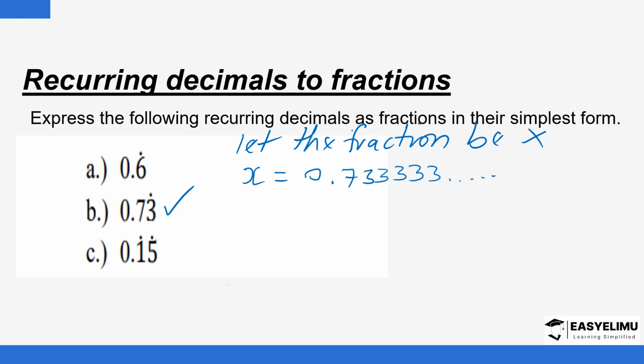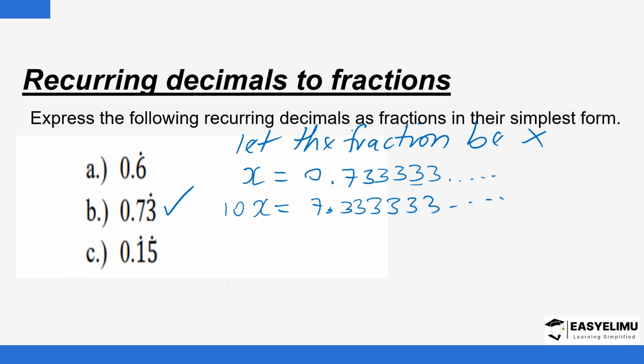So you multiply by 10 continuously until you have a pattern after the decimal point that is the same in at least 2 cases. The first case is the one we have here. The second case is when we multiply by 10. 10x on this side, and the other side multiplied by 10 will be 7.3333, with 6 digits after the decimal point, 6 decimal places. So you see, we don't have any 2 cases where the pattern after the decimal point is the same.